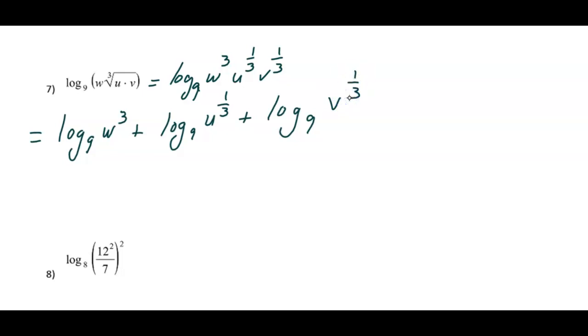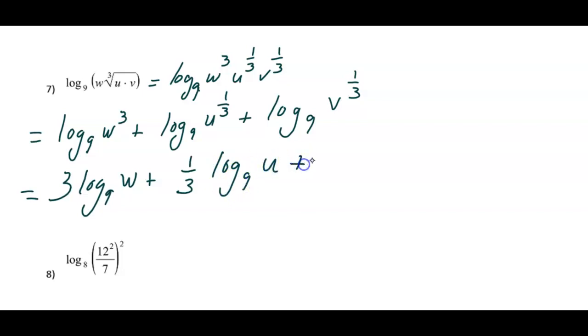And then the last step, which when you guys get really good at this, you'll skip this step and you'll bring the coefficients out front as you expand it out. Bring all those coefficients out front. 3 log base 9 of w plus 1/3 log base 9 of u plus 1/3 log base 9 of v.